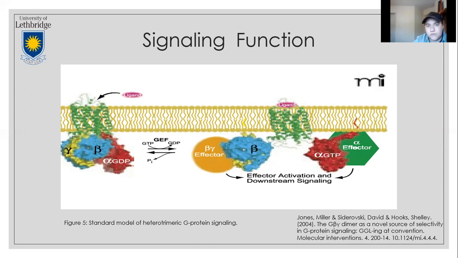This step is often accelerated by the binding of another protein called regulator of G protein signaling, or RGS, and the inactivated GDP-bound alpha subunit will now reform an inactive G protein with the beta gamma complex, which is going to turn off downstream events.